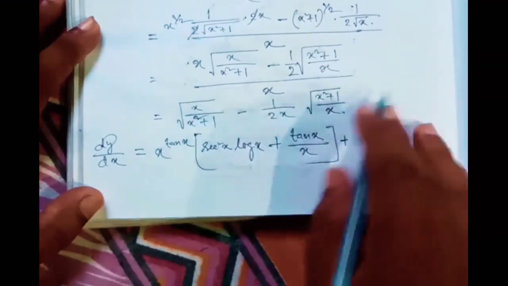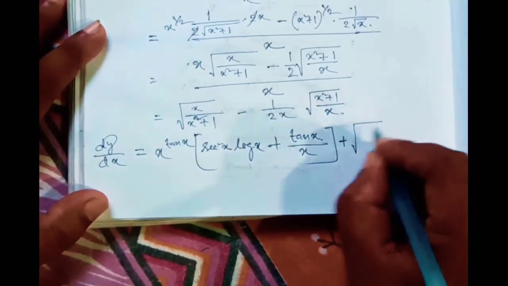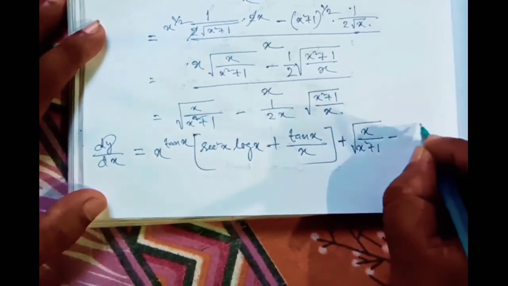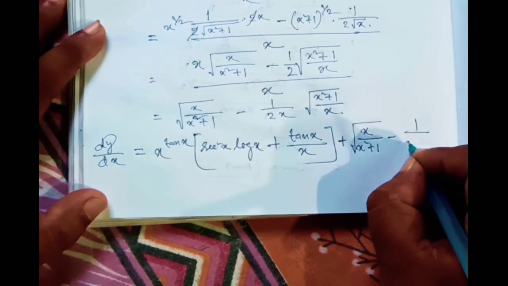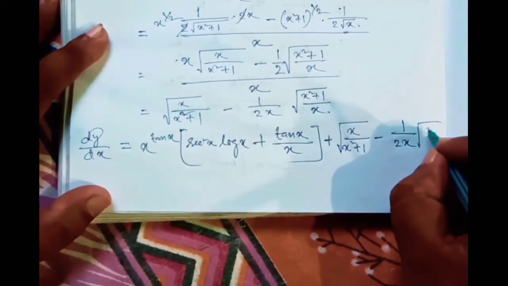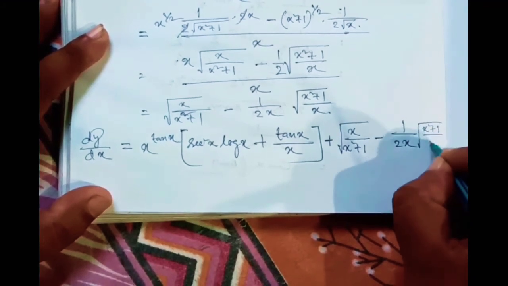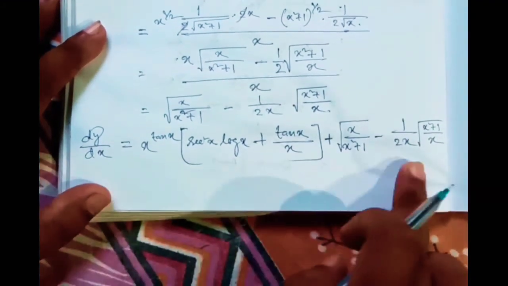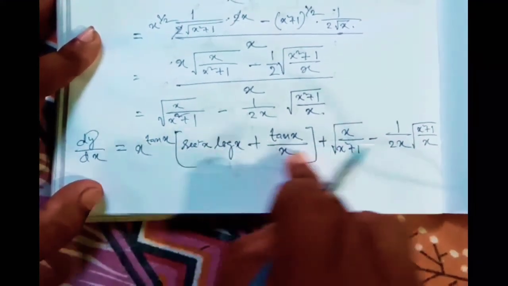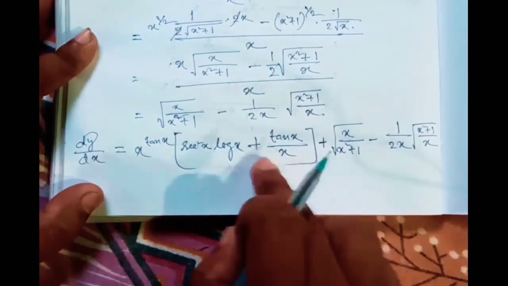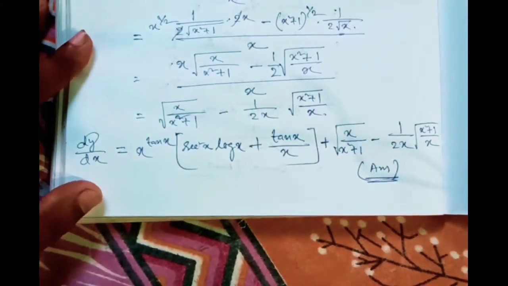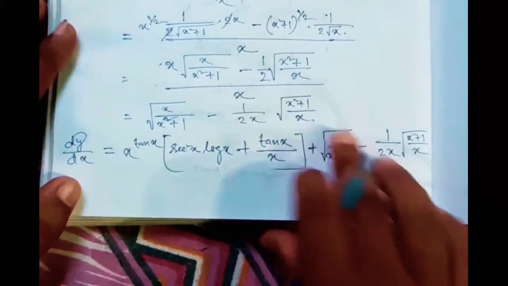This is the value of dv/dx: root of x by x square plus 1 minus 1 by 2x into root of x square plus 1 by x. So this line, hope you are able to see it, this line would be the final answer. This is the final answer of the math. Okay, next move to another question.